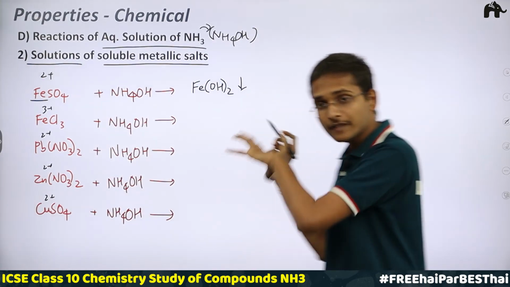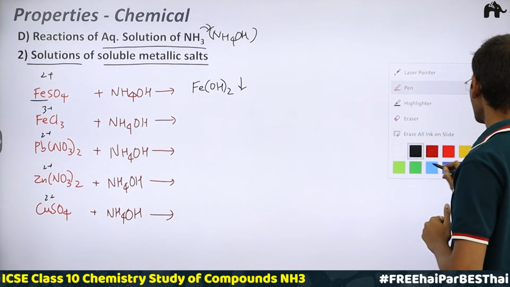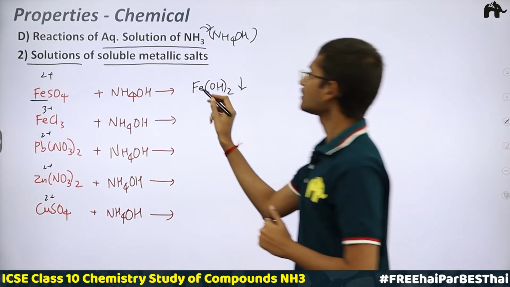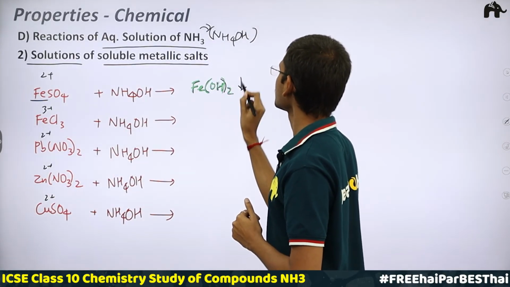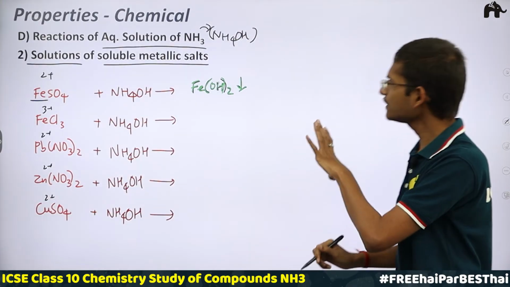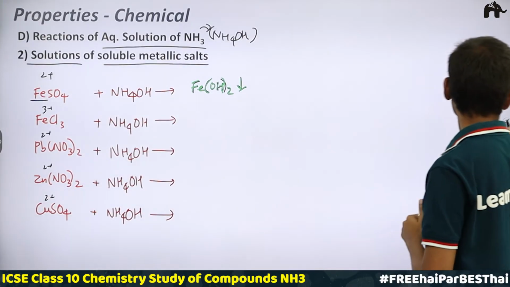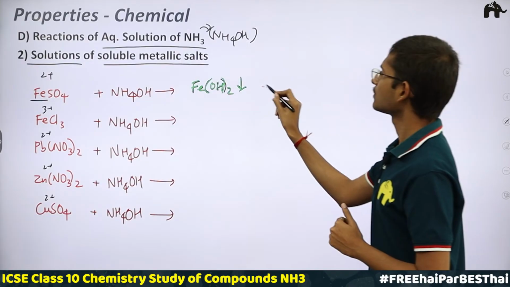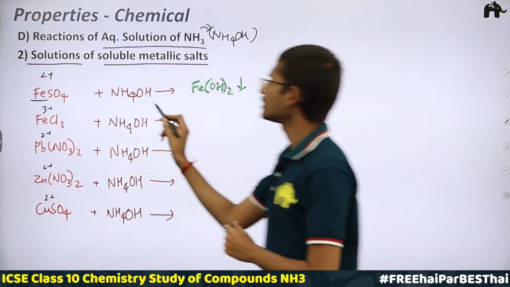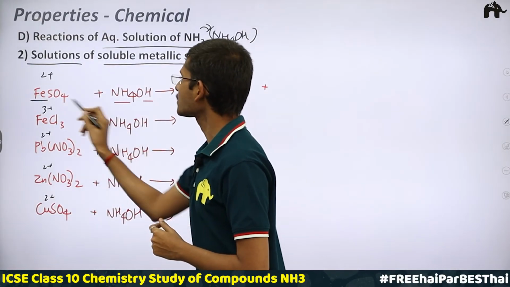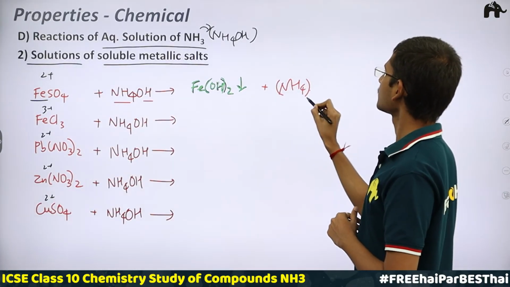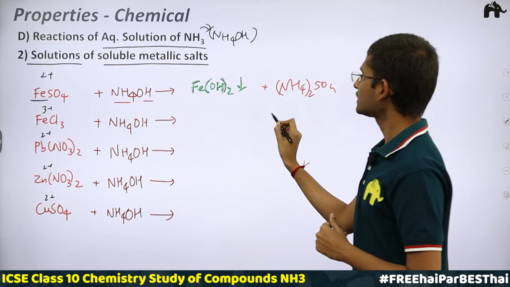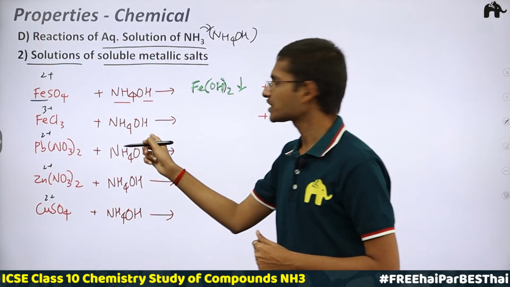We have also studied the color of the precipitates. You need to remember that Fe(OH)2 is a dirty green precipitate. Along with this, ammonium salt would be formed: (NH4)2SO4. In the same way we would get Fe(OH)3 here.